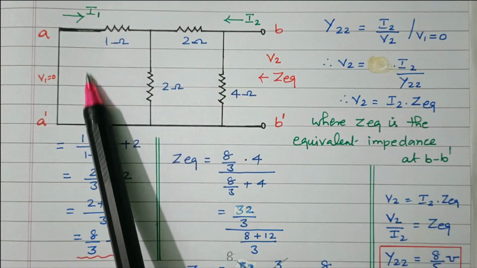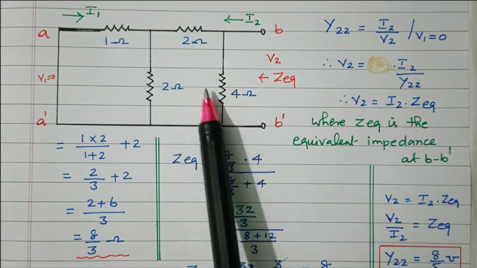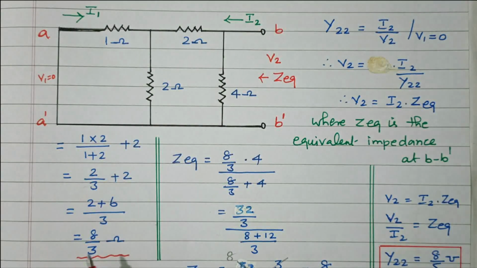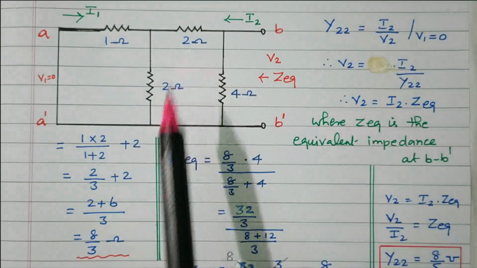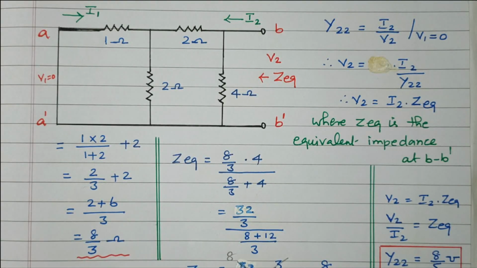So that is the equivalent resistance of this network. 4 ohm, and the remaining 3 resistors' equivalent resistance is this one. 1 ohm and 2 ohm are in parallel, that is in series with the 2 ohm. So it is 2 by 3 plus 2. While taking the LCM it is 2 plus 6 by 3. So 8 by 3 ohm.